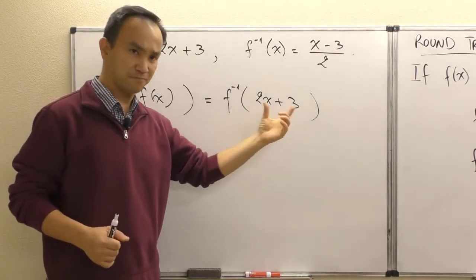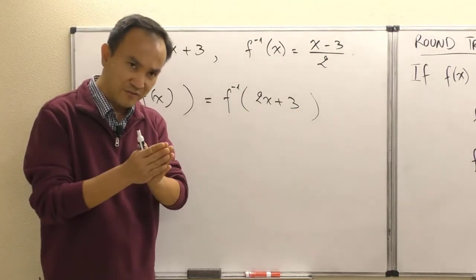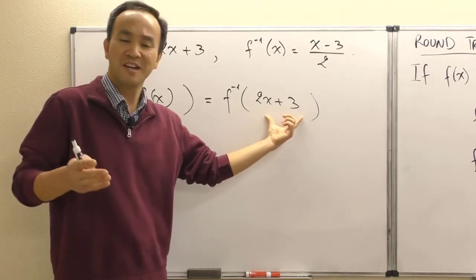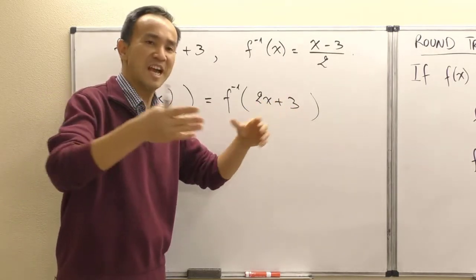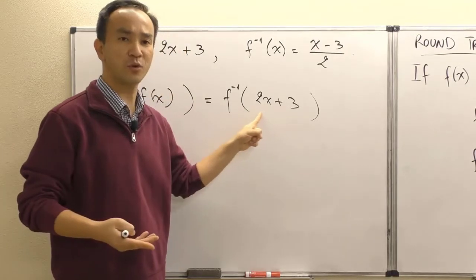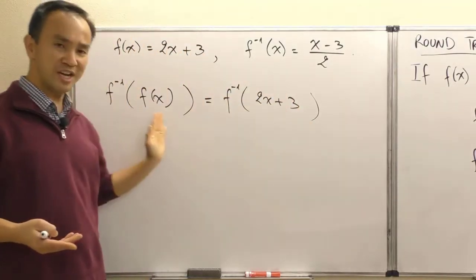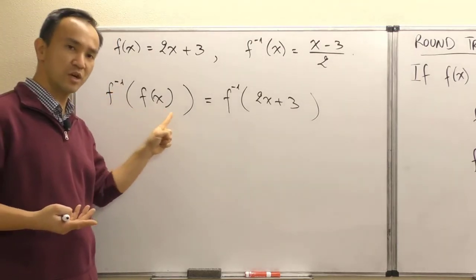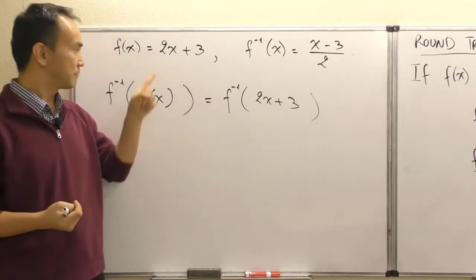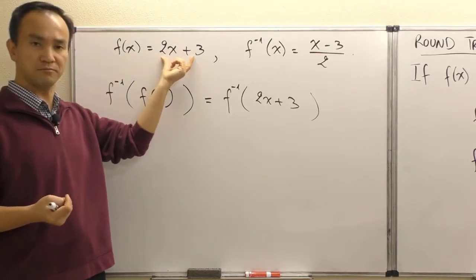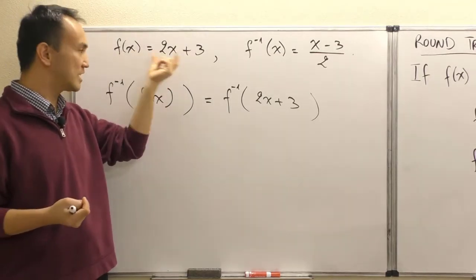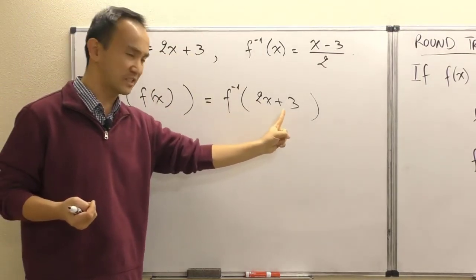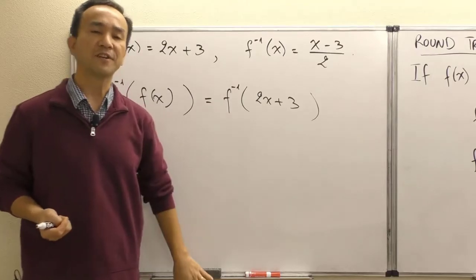But now we have already learned this, and we even had some lecture on the advanced kind of problem where we substitute an expression as an input for a function. This is what it is. And then altogether the idea here is that f inverse is composed with f. So I'm taking f of x. F of x is represented by this rule, 2x plus 3. And that's why I took 2x plus 3 as the input for f inverse right here.